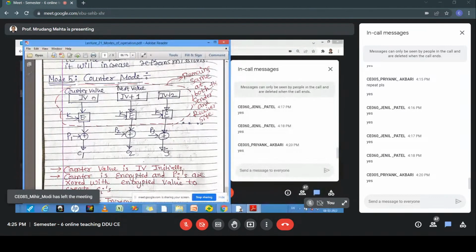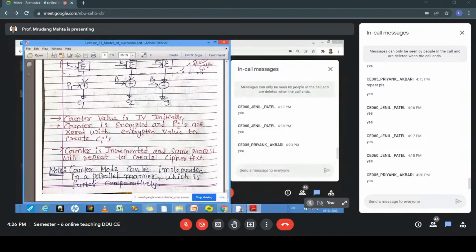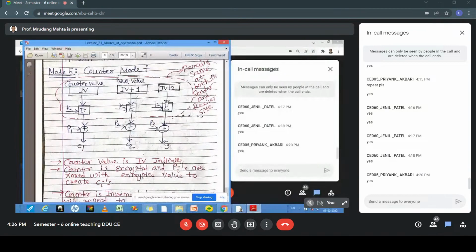So we create a counter, and different counter values are used as the initial shift register value that is encrypted with key K, and then P1 XORed with that output generates C1. And this can also be implemented in parallel. So parallel implementation is possible.